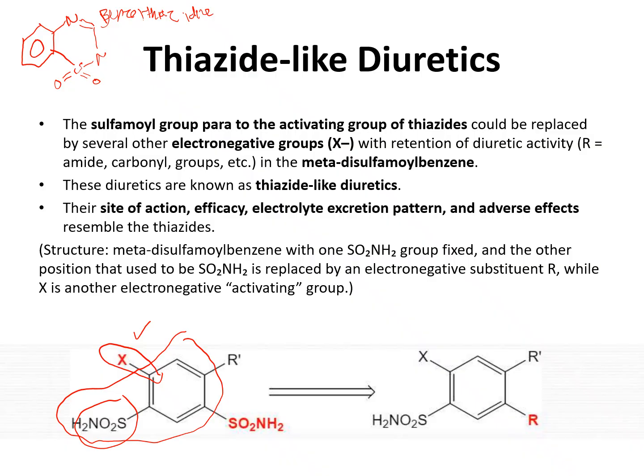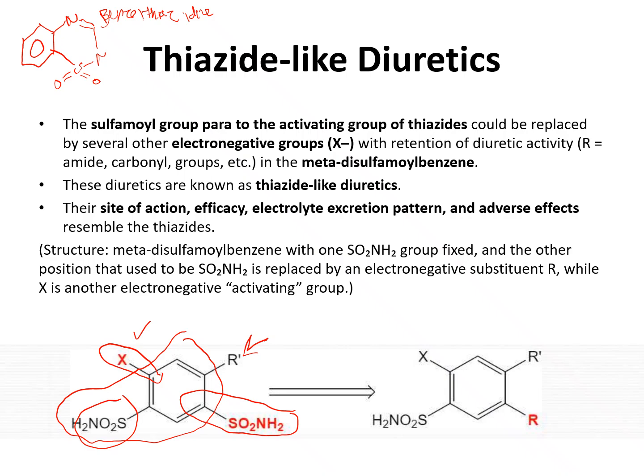But what is really interesting is that this structure has only one cyclic ring. So there is a second sulfamoyl para to this activating group, and then this can be various aromatic rings. So it's very simple compared to the previous thiazides that we talked about, like hydrochlorothiazide with thiazide.